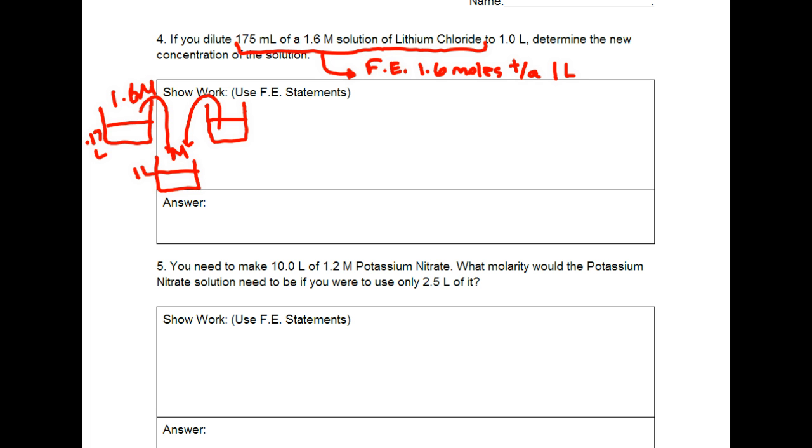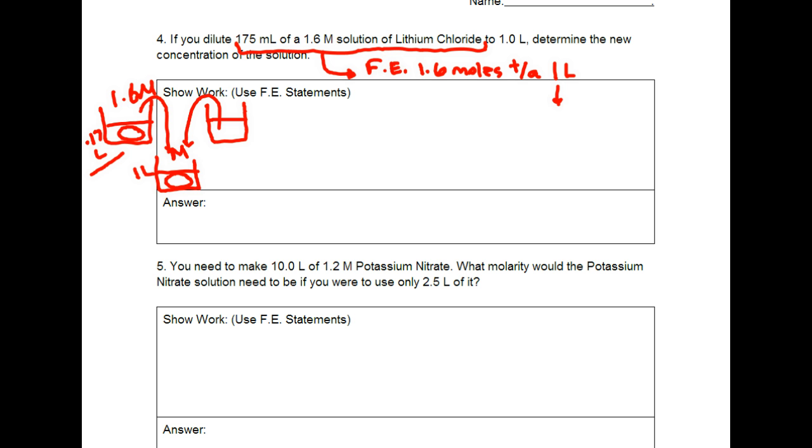Now in our drawing, we don't have 1 liter. We have 0.175 liters. So we need to figure out how many moles are in this solution. Because if we figure out how many moles there are, and we're dumping the entire solution into this third solution, then once we know the moles, we can figure out the molarity of that third solution. So let's figure out how many moles there are.